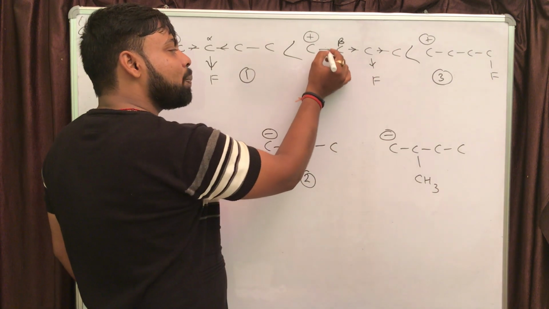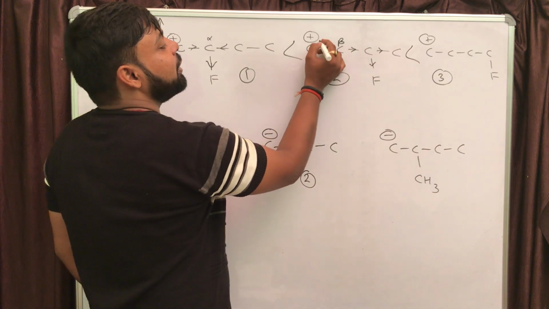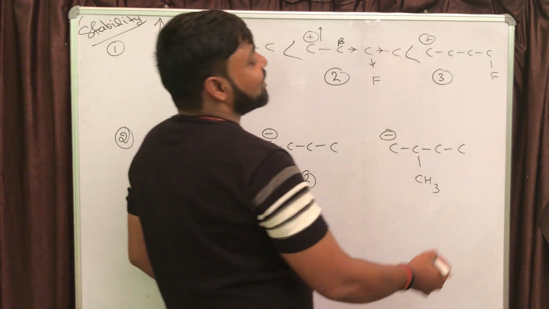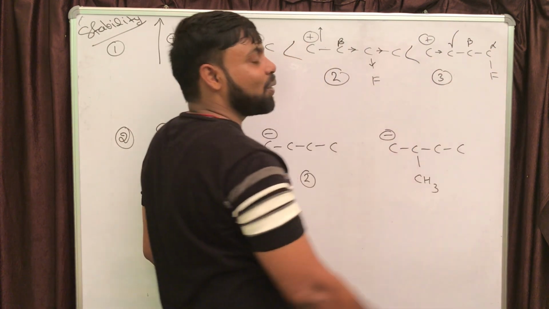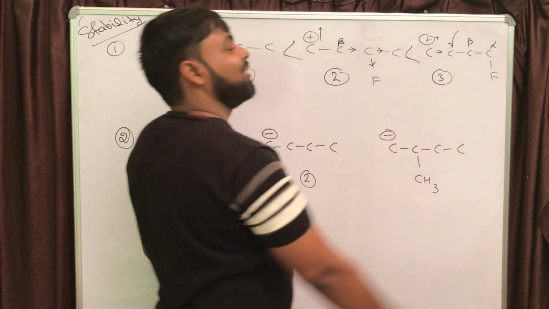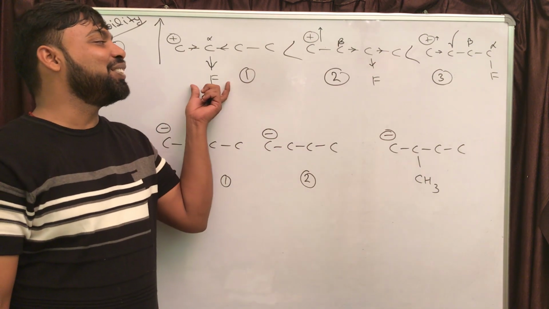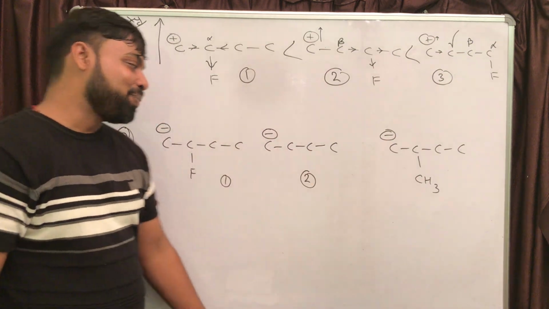So electron withdrawal ability will get decreased, so the increment of positive charge will be less. And now in the third one, it is alpha, beta, gamma carbon that is going to pull electron from the carbocation. The increment of charge is very less, right? Use the statement, more is the magnitude of charge, lesser is the stability. So this will be the stability order.